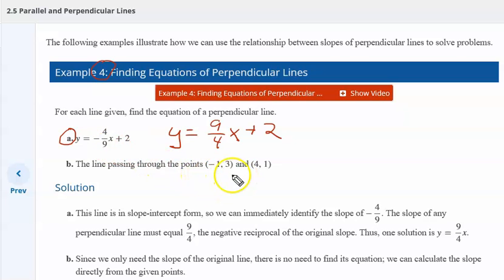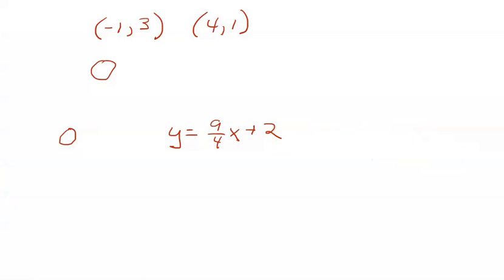Now, the next one's going to be more challenging because we need to find the slope of this and make one that is perpendicular to it. And we'll go to a whiteboard to do that, and I can get rid of this one here. So, finding the slope, this will be a little review.